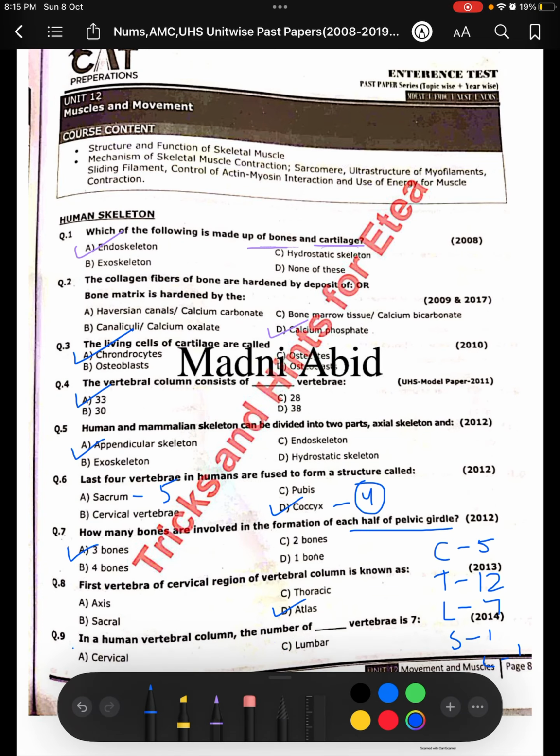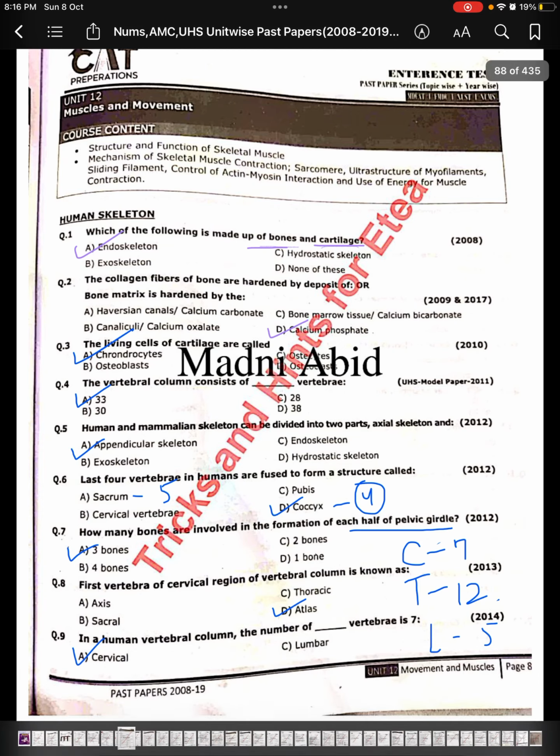Cervical has 7, and lumbar is 5. Cervical is 7, thoracic is 12, sacrum is 1, coccyx is 1, and yes, lumbar is basically 5. 5 plus 7 is equal to 12. Yeah, this is the correct order, sorry. So in a human vertebral column, the number of vertebrae that is 7 is cervical.